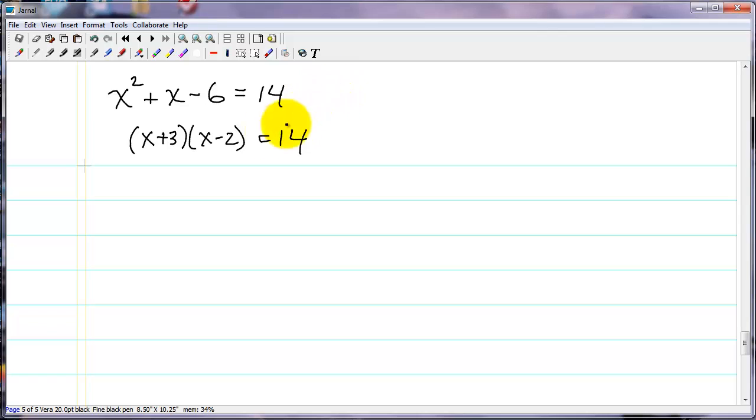So to solve by factoring, we don't want to do that. The key thing is we must make the polynomial equal 0. So let me erase the incorrect work here. We want to make it equal to 0, so I can subtract 14 from both sides.